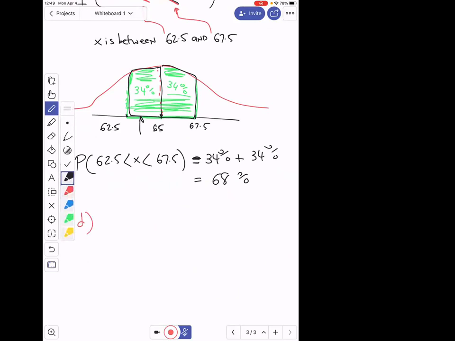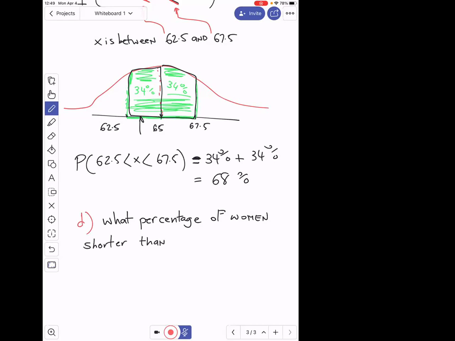So for example, let's say you want to find the percentage. What percentage of college women are shorter than 62.5 inches, for example? So here, of course, shorter than 62.5 means less than, right?